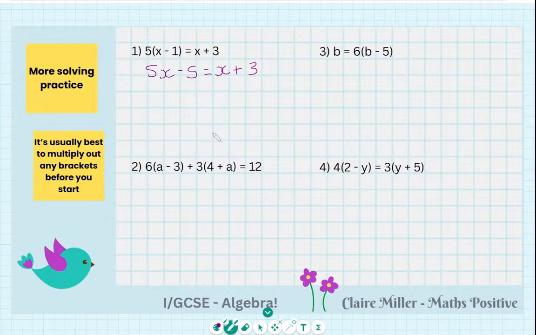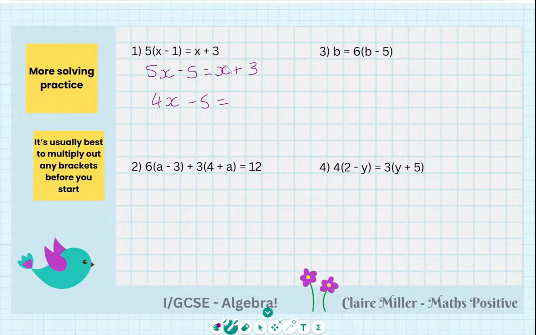Okay. What do we have now? What stage are we at with this question now? Well, now I'm noticing that there's an x on each side. So the next thing we need to do is sort that out. So now I'm going to look for the smallest number of x's. That's the 1x on this side. So I'm going to take x off each side. That means on this side, I'm going to have 4x minus 5.